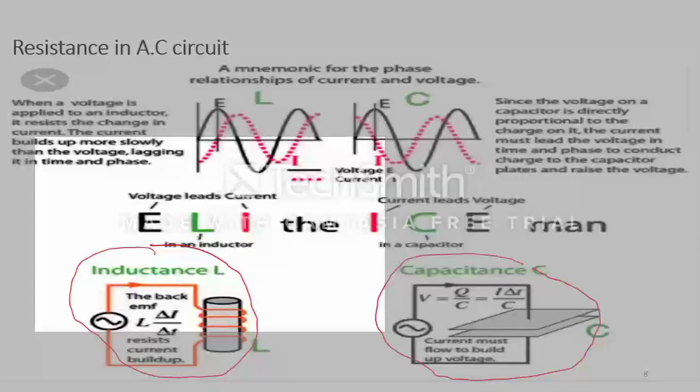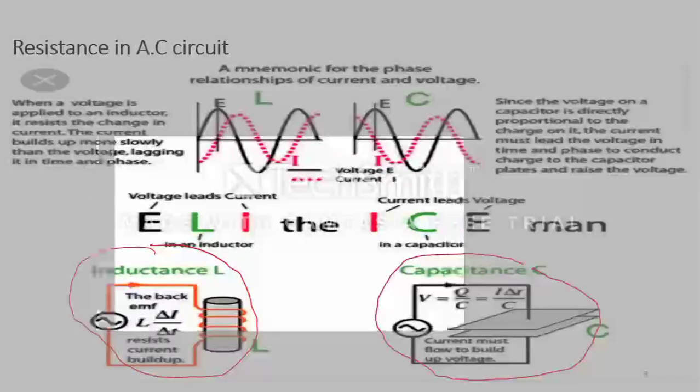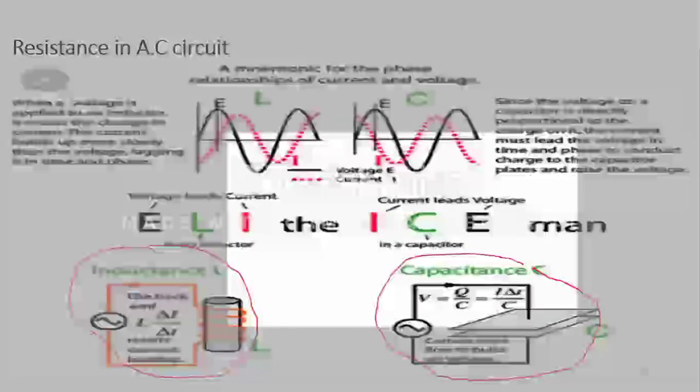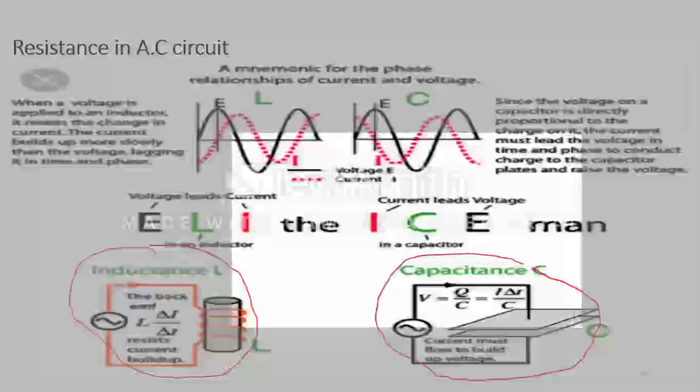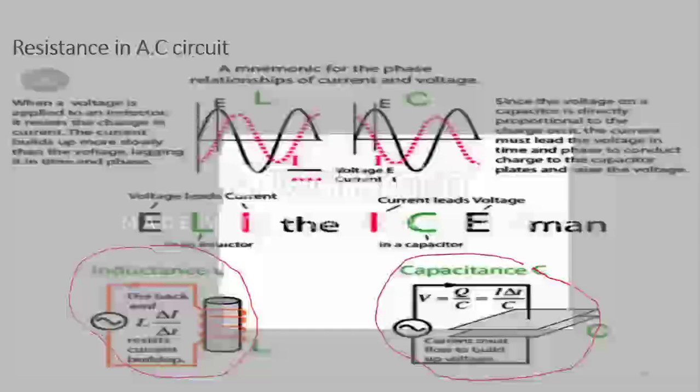The ICEman: current leads voltage in a capacitive connection. In this case, C here represents capacitor, and I is current, E is EMF.